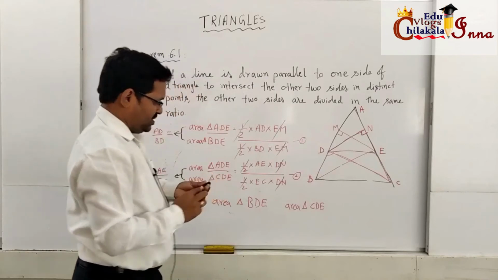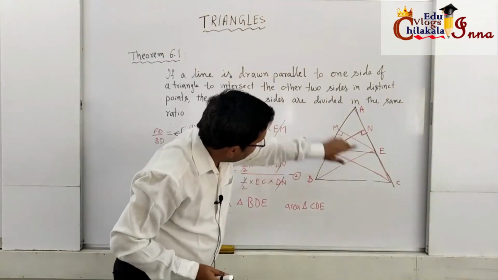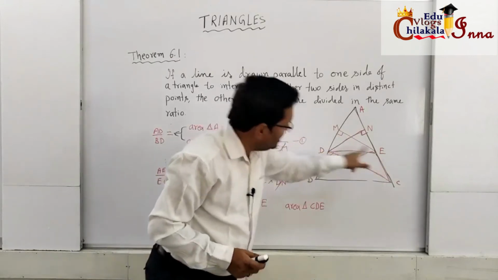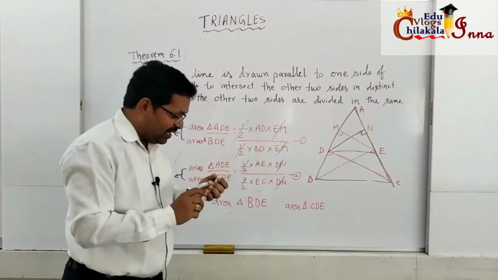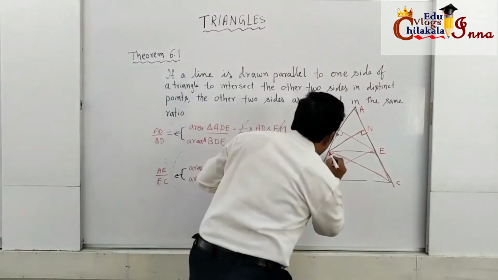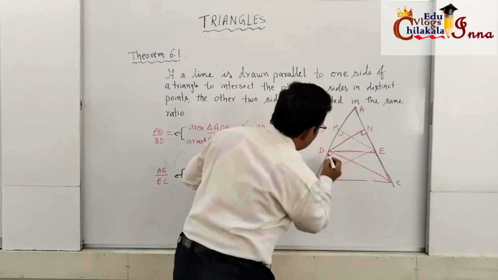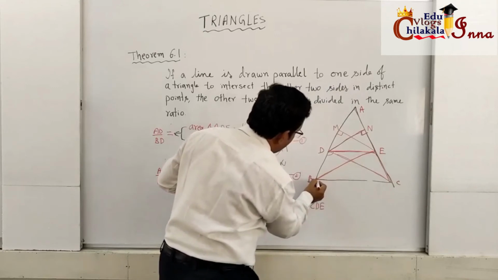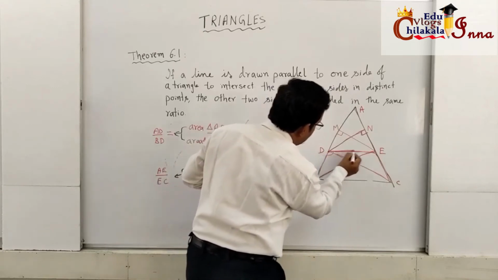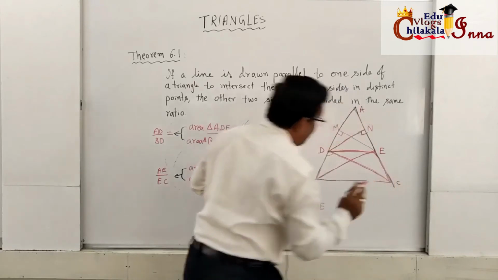The area of the triangle BDE and the area of the triangle CDE are equal. How are they equal? Imagine DE is parallel to BC, and on a single base we are making triangles.